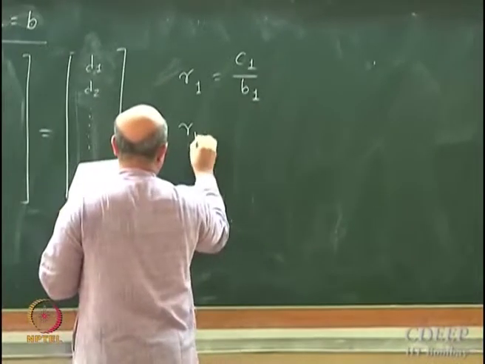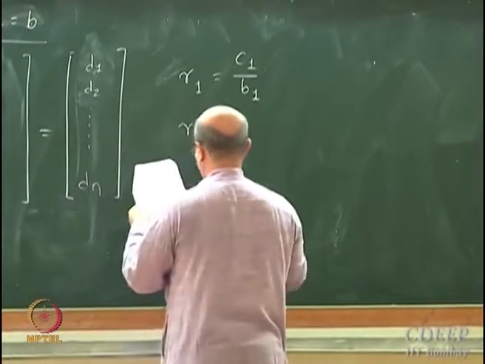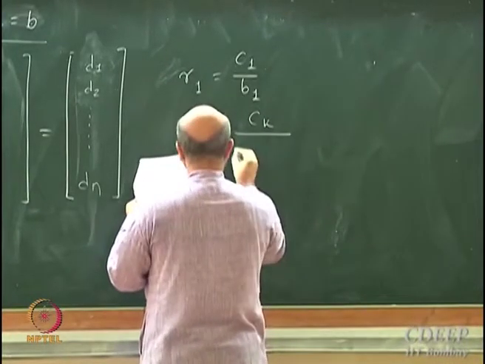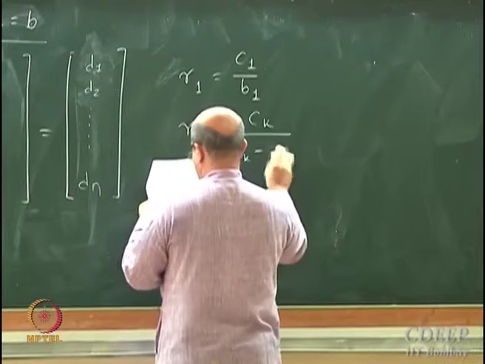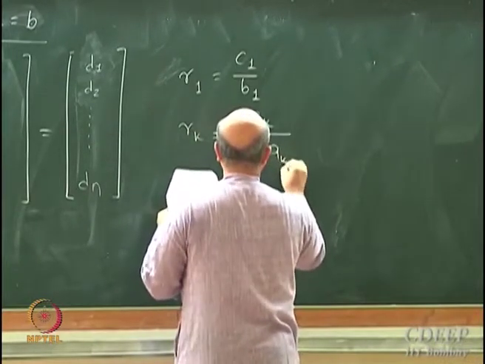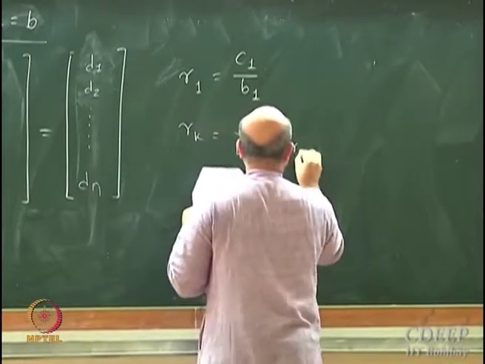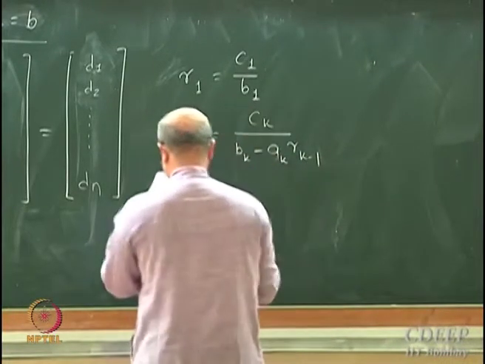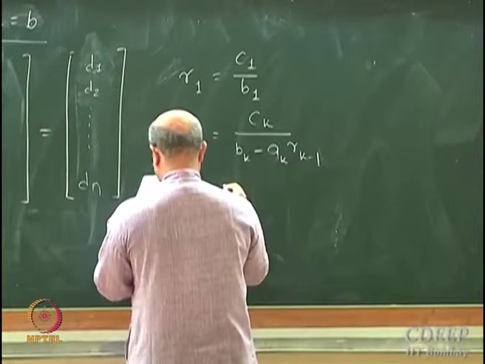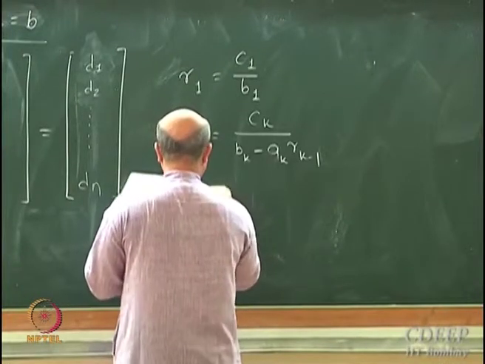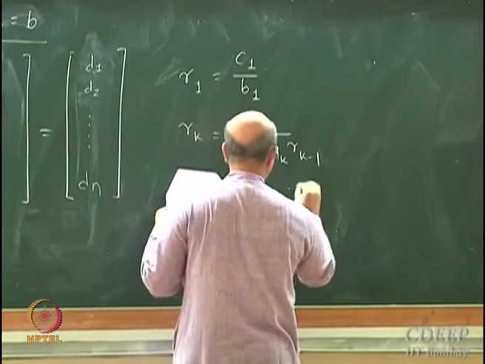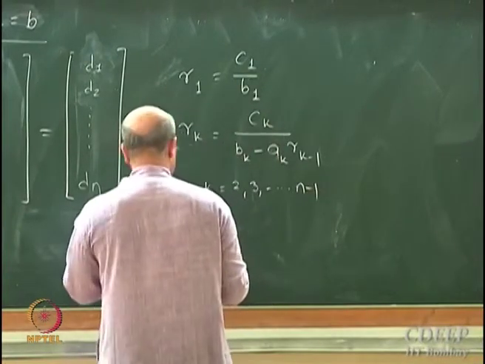And gamma k is equal to Ck by Bk minus Ak gamma k minus 1, for k equal to 2, 3 up to n minus 1.